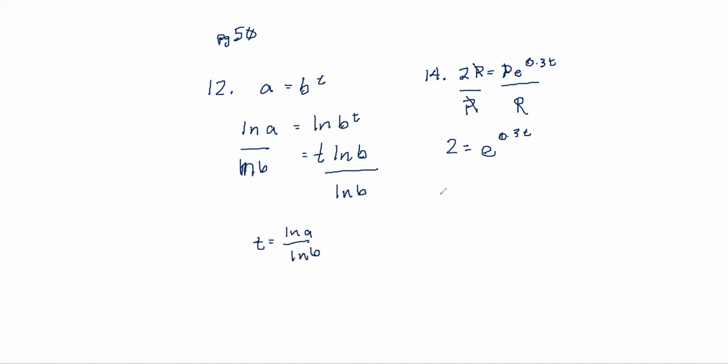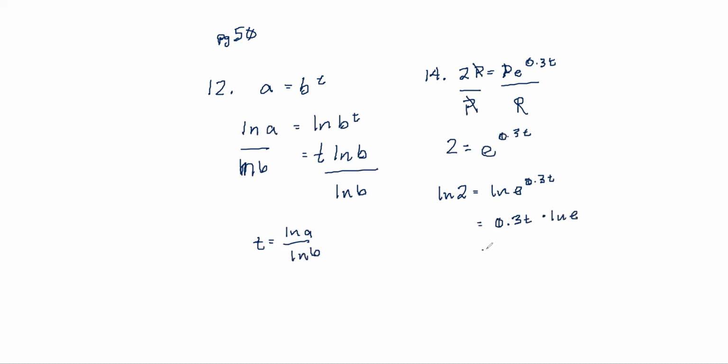We take the natural log of both sides. We can move the exponent outside. So we have 0.3t times the natural log of e.